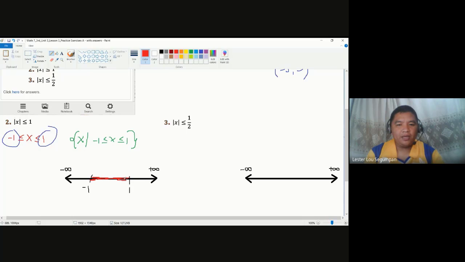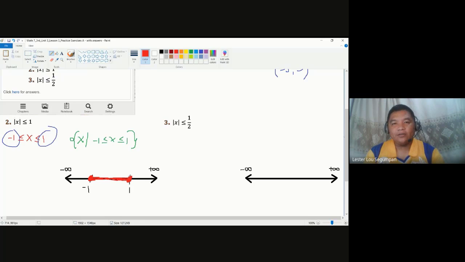So you may make your shading better than what I am doing here. Now let's decide on inclusion or non-inclusion. Since we have equality symbols here, we are assured that -1 is included. So we shade this area, shaded circle, and also 1 as part of the solution.